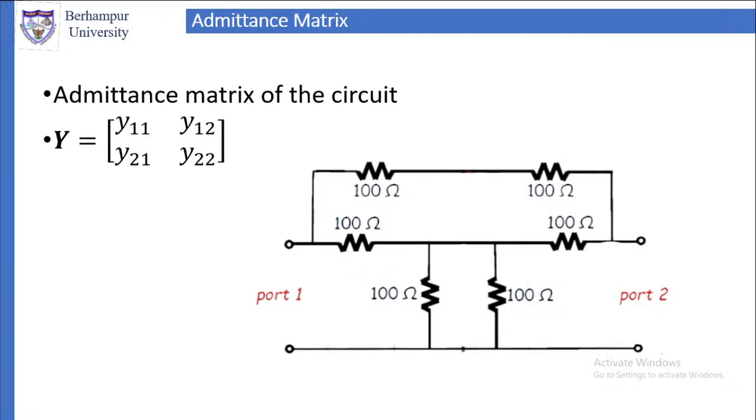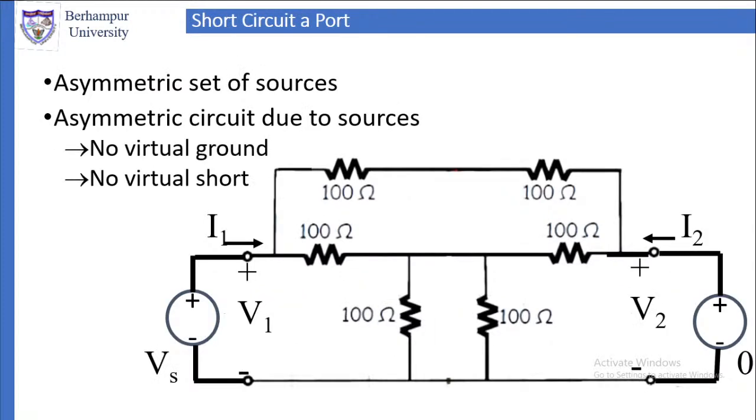Similarly, Y12 will be equal to Y21 because of symmetry. Now you can see the advantage of symmetry. Instead of calculating 4 elements, it is reduced to calculating only 2 elements. If I calculate Y11 and Y12, then I can find Y21 and Y22, because they will be the same.